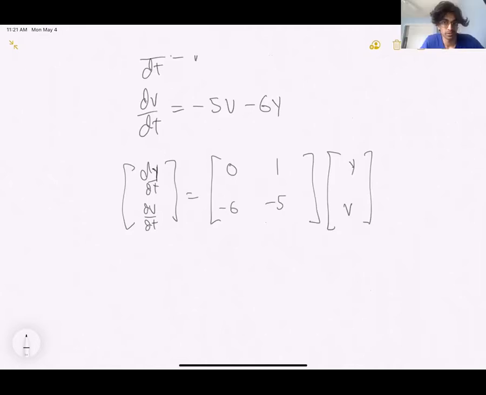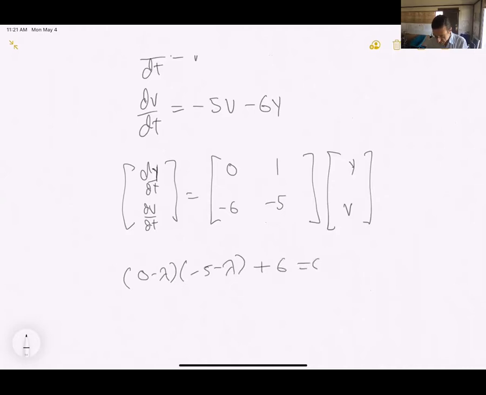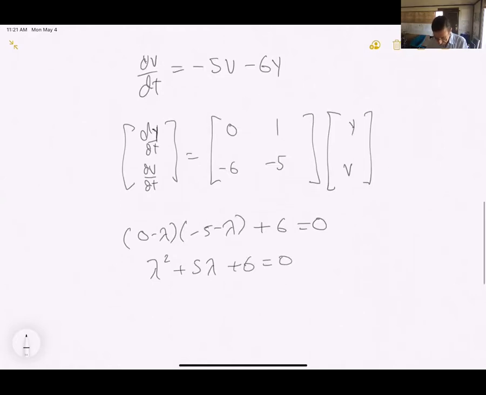Take the determinant. Oh, characteristic polynomial. Characteristic polynomial: 0 minus lambda times minus 5 minus lambda, minus minus 6, equals 0. So lambda squared plus 5 lambda, plus 6 equals 0. That factors nicely.